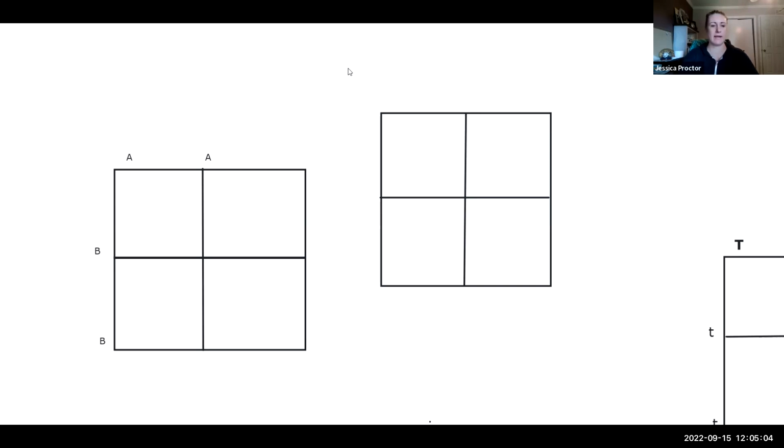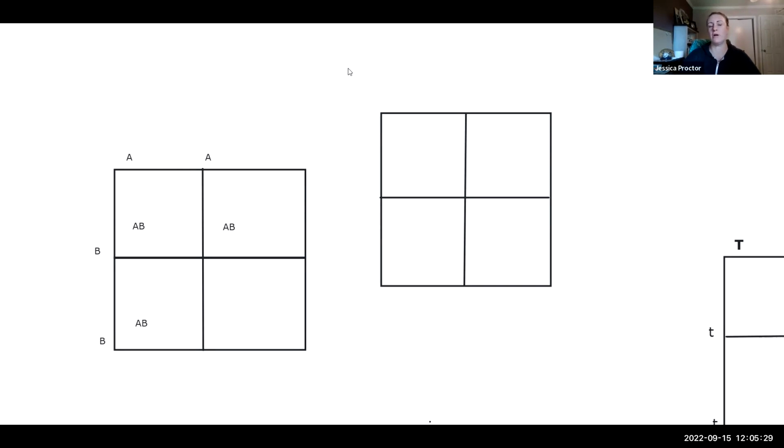An A and a B. So that's a child with type AB blood. What will we put in this box? Another A and another B, so another child with AB blood. And here in this box, we've got an A and a B. And here in this box, we've got an A and a B.